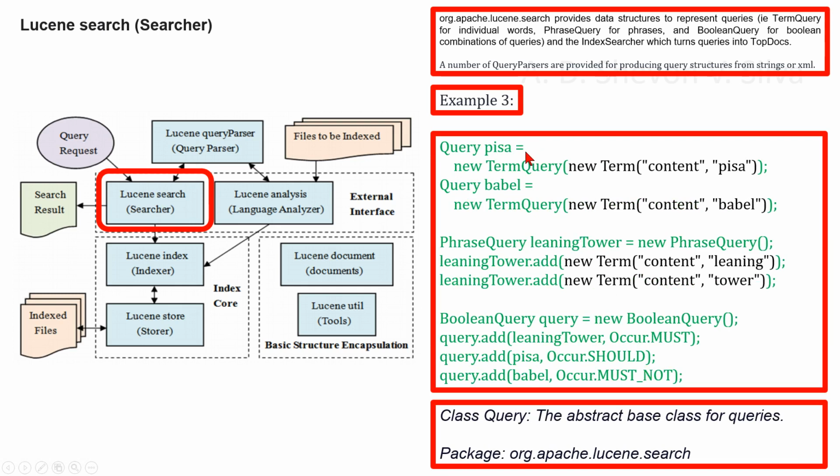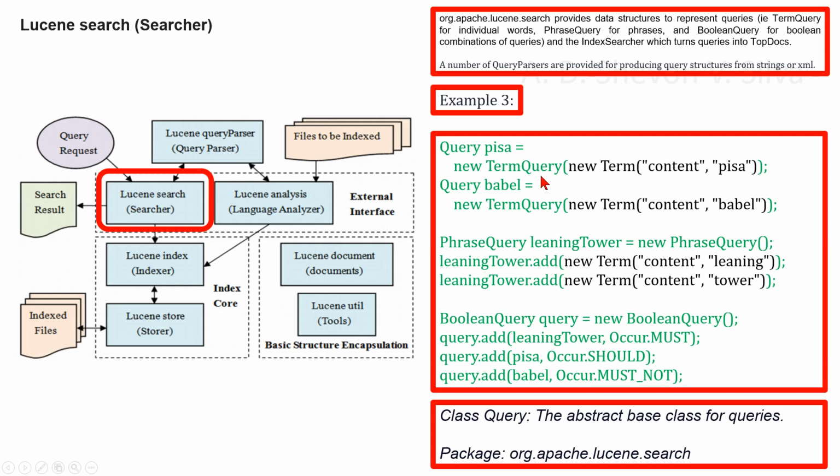We can consider this code segment for example 3, and here you can see the class Query, the abstract base class for queries, and this class is in package org.apache.lucene.search.